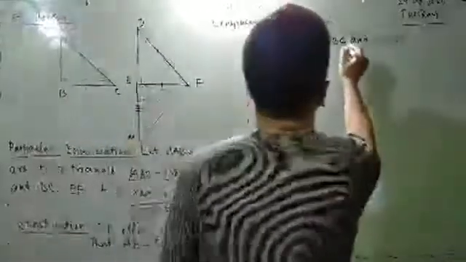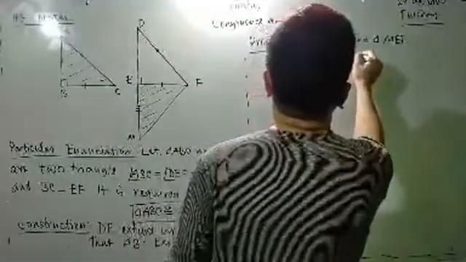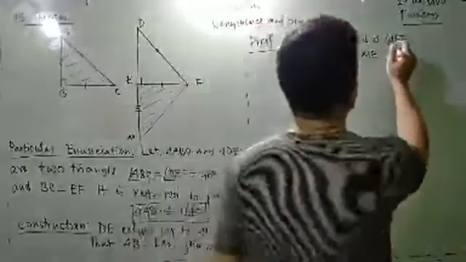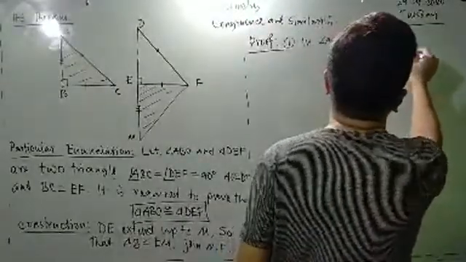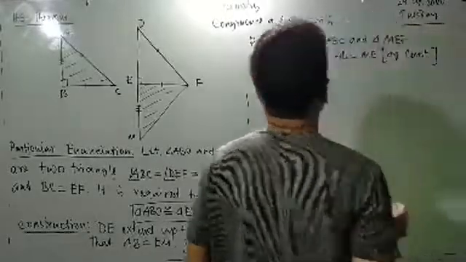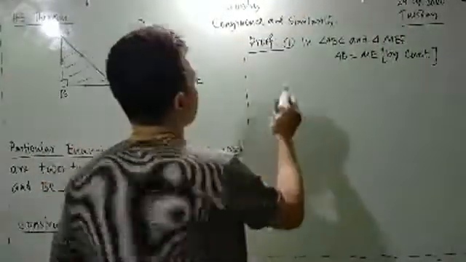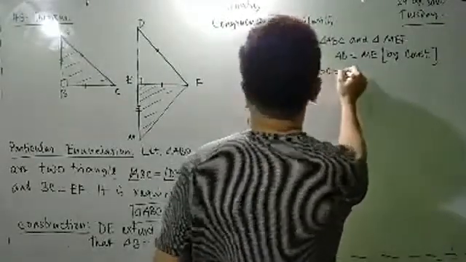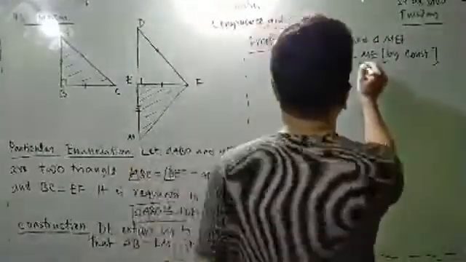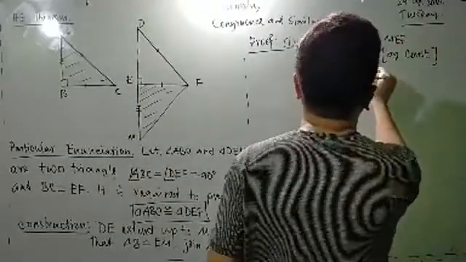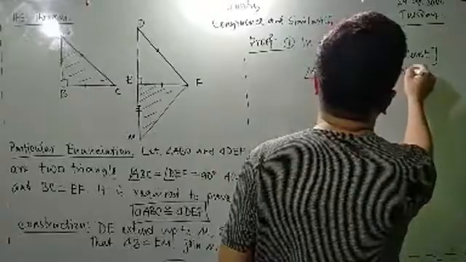Okay, AB equals ME. How do we get it? By construction. Okay, by construction. And we know that angle ABC equals angle MEF, each 90 degrees.